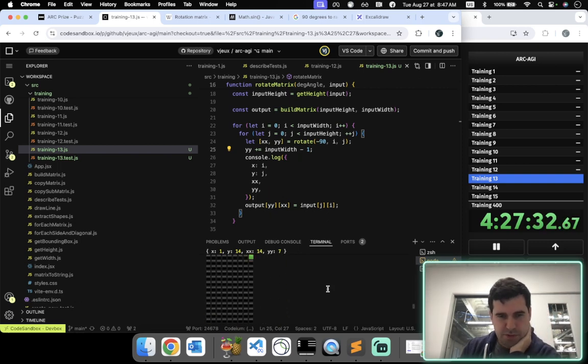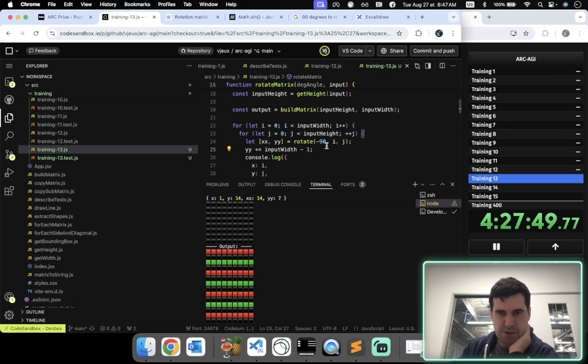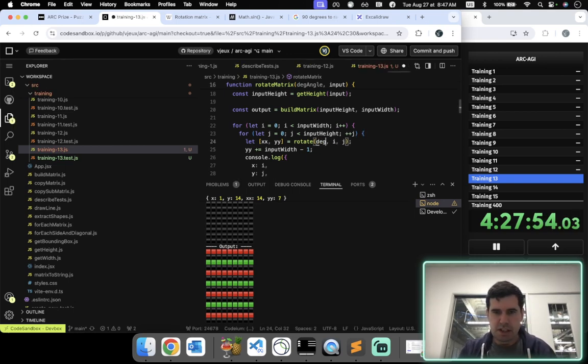So in practice, what we are at now is that we've got the output, but it's rotated. I think I rotated the wrong way. Oops, yeah, I'm stupid. There you go.